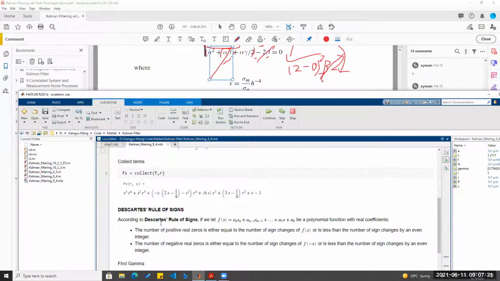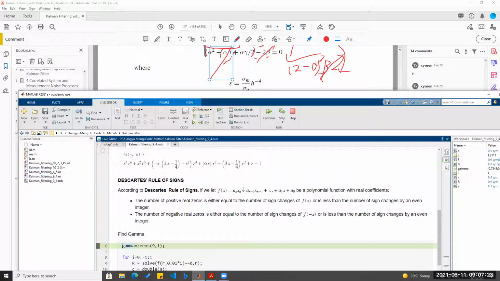It basically says if you have a polynomial with real coefficients, you count the number of sign changes. The number of positive real zeros is either equal to the number of sign changes of f(x), or less than the number of sign changes by an even integer.